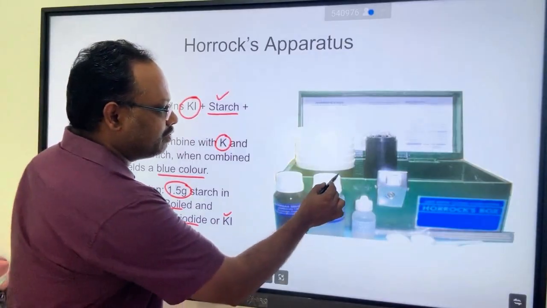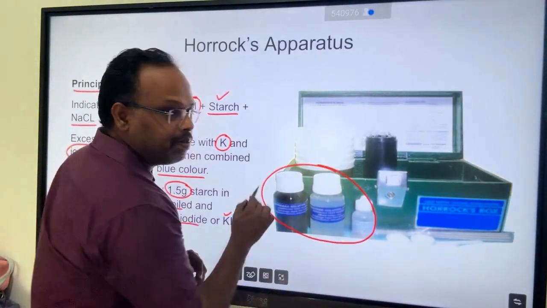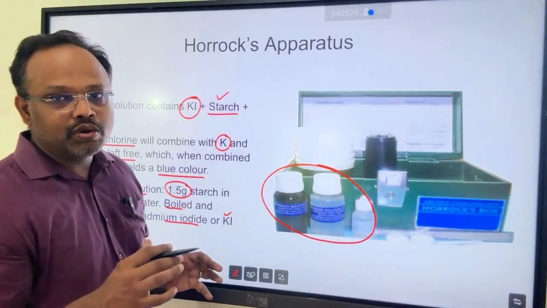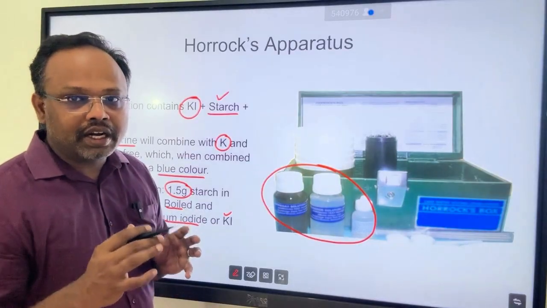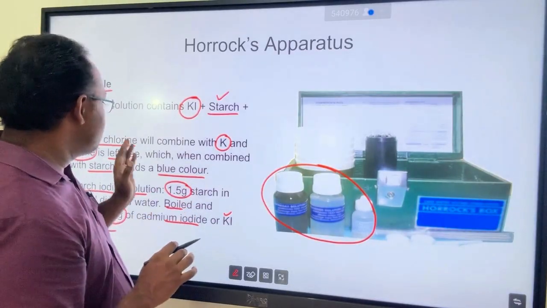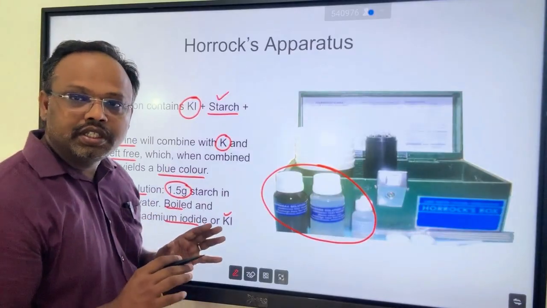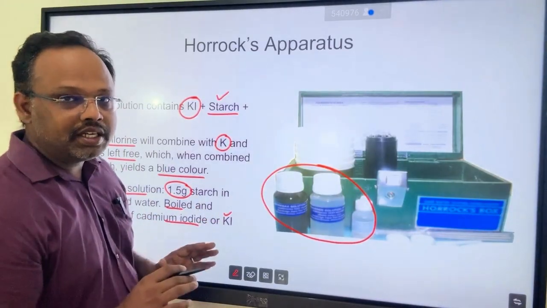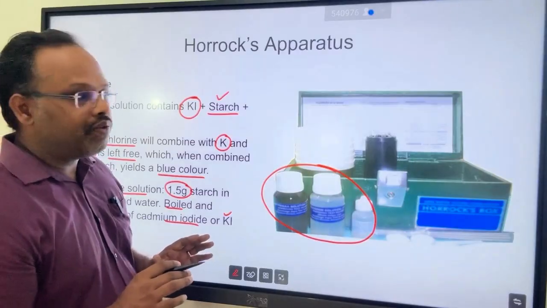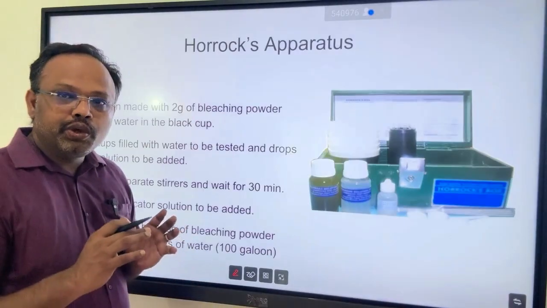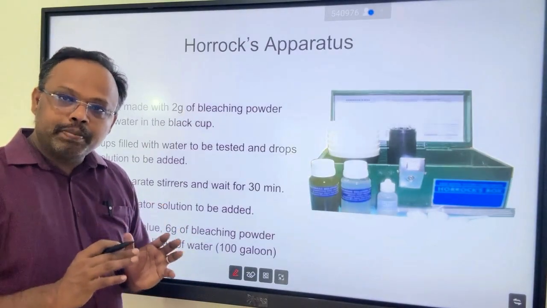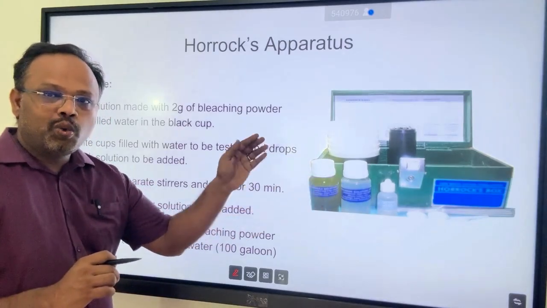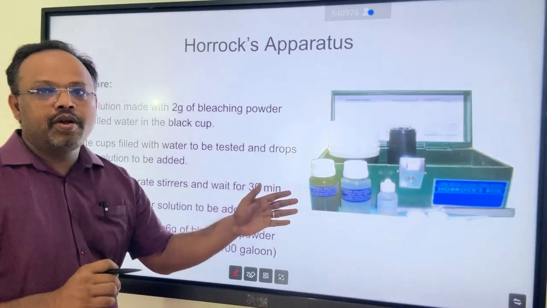The shelf life of this indicator solution is very short, so we need to prepare it freshly in order to get correct results. When potassium iodide and starch get combined with free chlorine, it will yield blue color. So that is the principle of Horrocks apparatus. Now we know the purpose, the contents, and the principle of Horrocks apparatus.